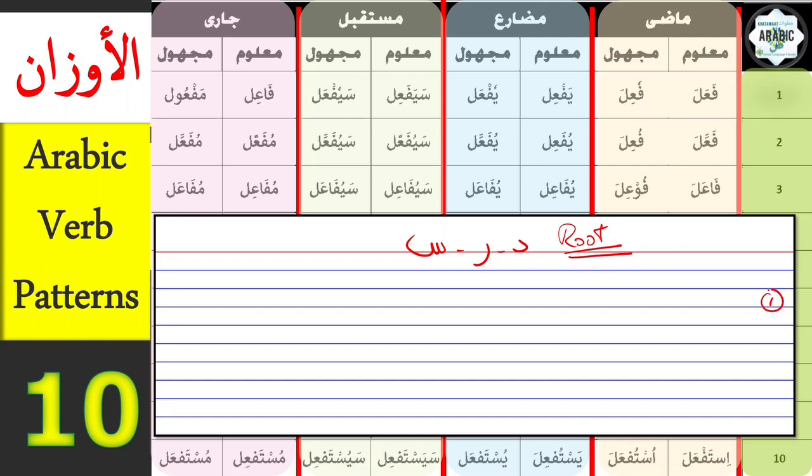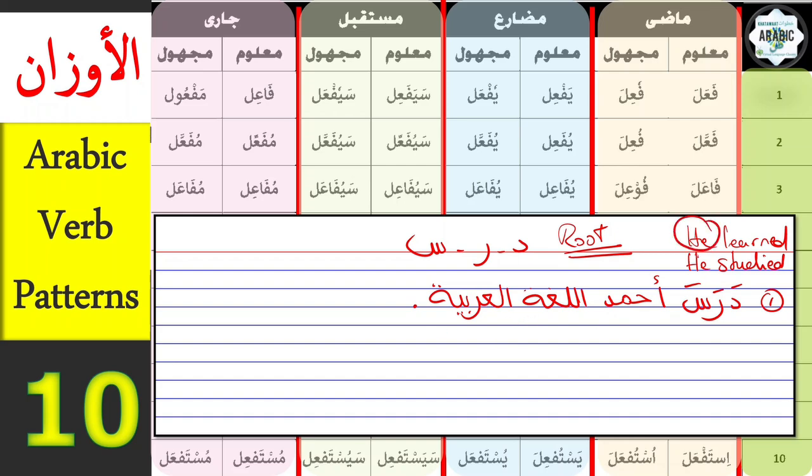So the first example we have is درس أحمد اللغة العربية. درس, he studied. Or he learned, if you're going to be closer to the English meaning: he learned the Arabic language.